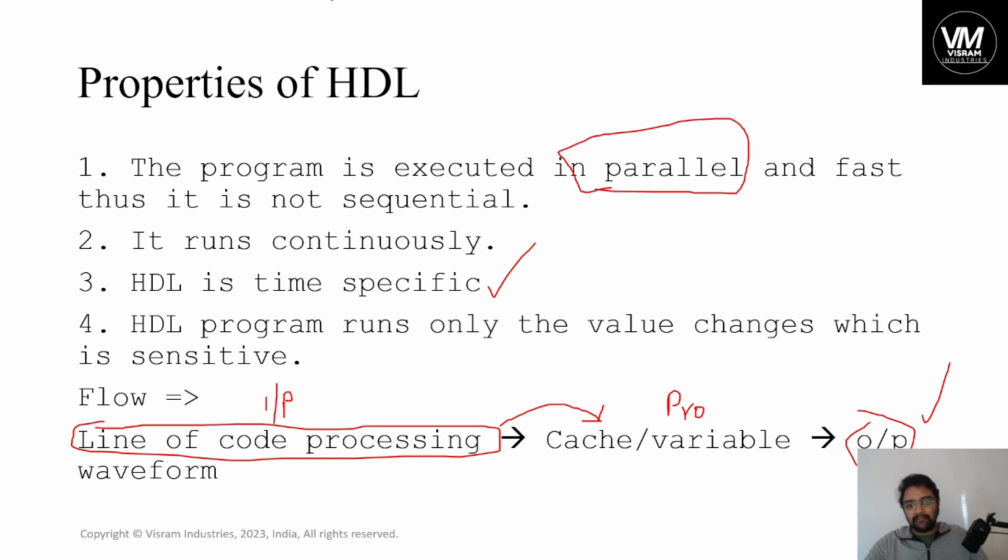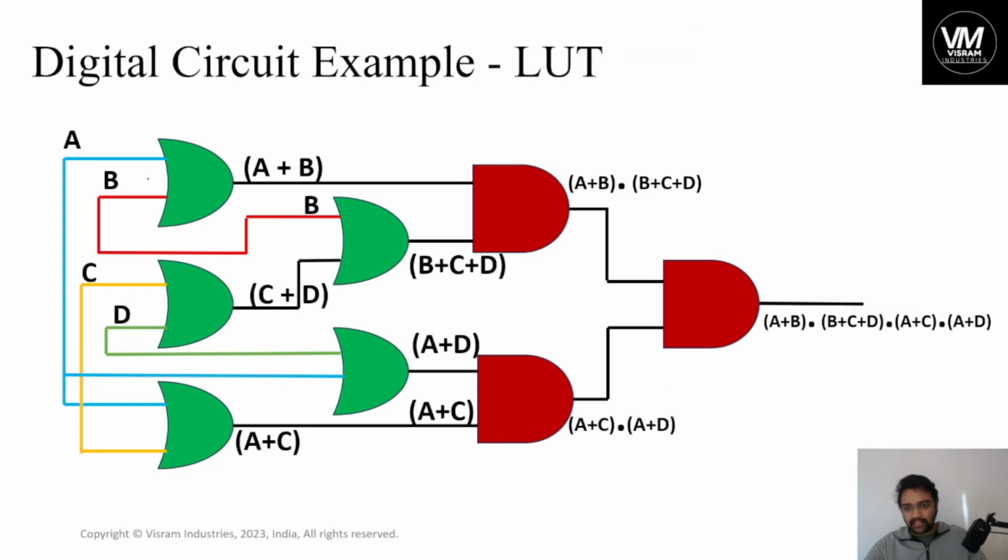So for example, if you have 1 0, and it is going in a sequence to the output and through the logic cells, it should go to each of the cells and process the data.